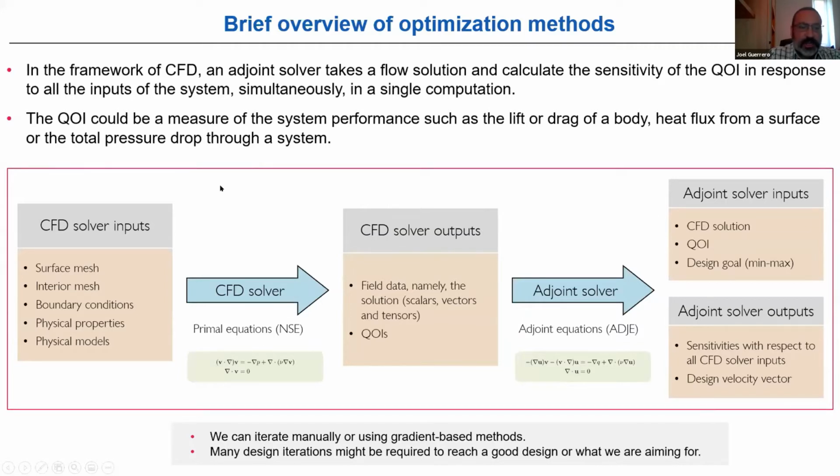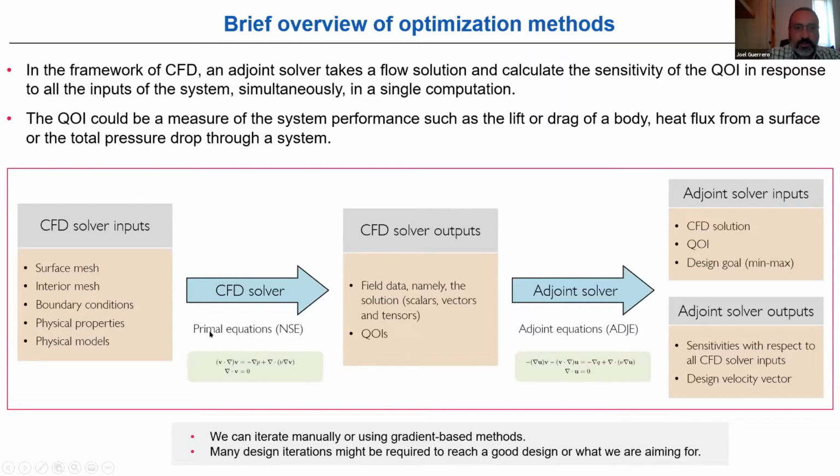So usually the workflow is something like this. You have your CFD solver, and all the inputs that you have in your CFD solver are exposed to the adjoint solver, okay? So we're talking about two different solvers. Your normal CFD solver, which we're going to call the primal, has your equations. Then after you have your solution from the CFD solver, you go to the adjoint solver, which has different equations.